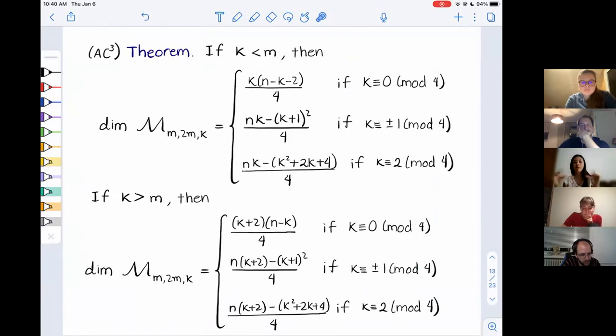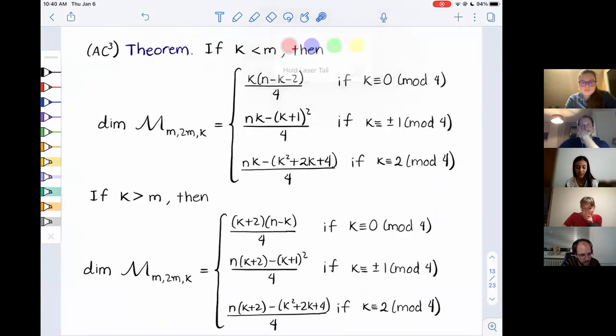It was just, boom, this is the dimension. Now, what happens when the number of vertices N is equal to 2 times the shift M?